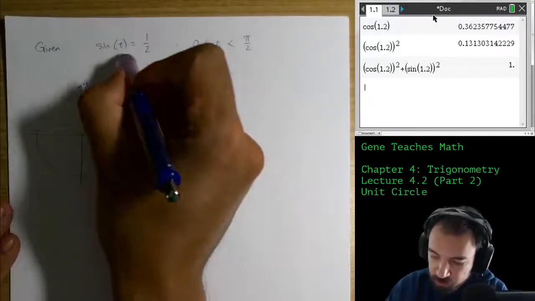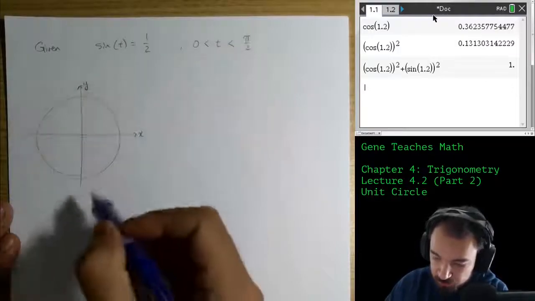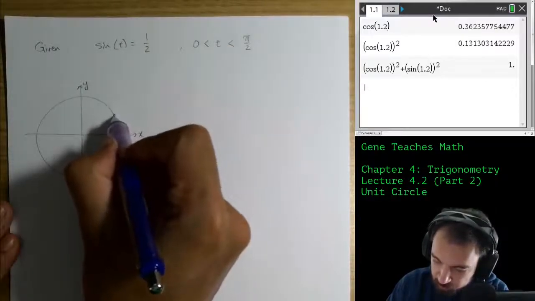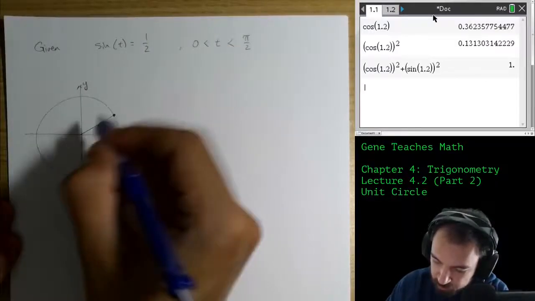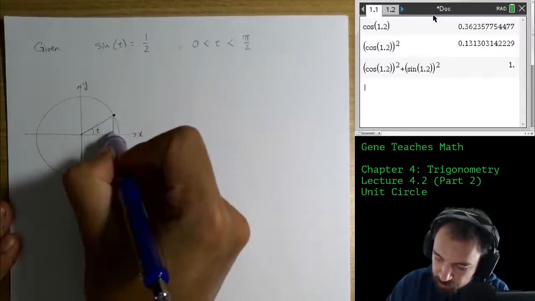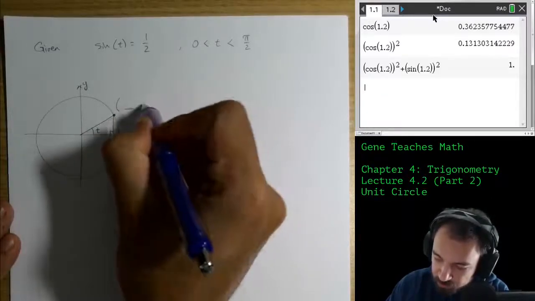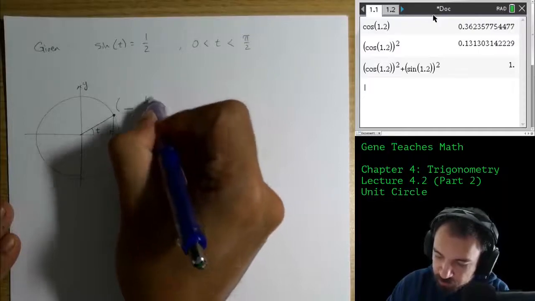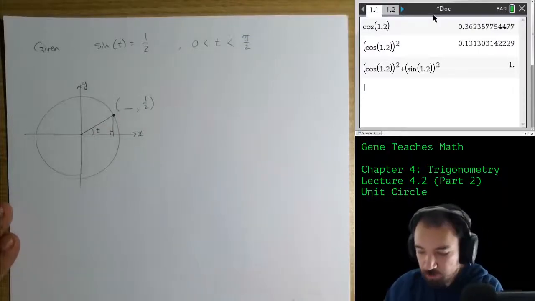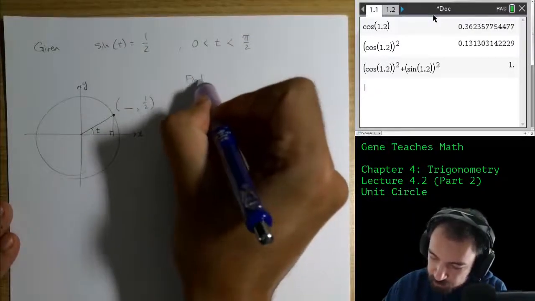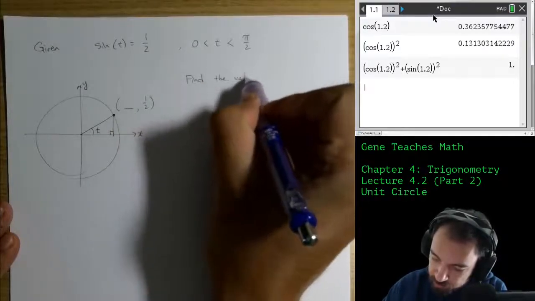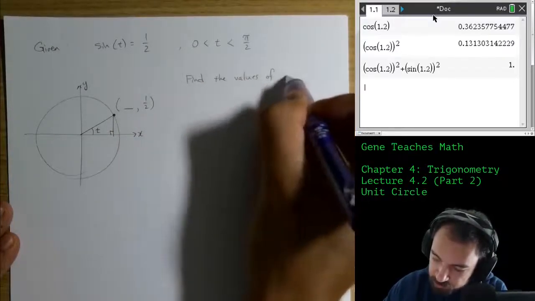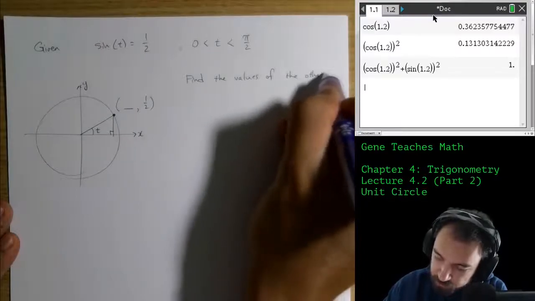And then we know that the sine, meaning the y-coordinate, is 1/2. So we know we're over here somewhere. This angle is t. And we don't know the x-coordinate, but we do know the y-coordinate is 1/2. And what we would like to do is find the values of the other trig functions.